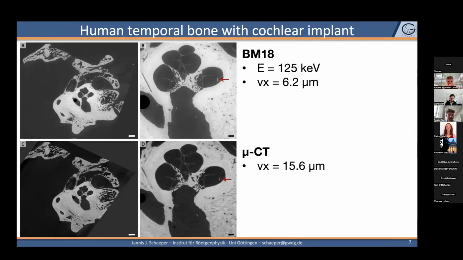So for the temporal bone with the implant, we did not zoom in, so it's just the overview scan, but we scanned that afterwards with the micro-CT in the lab. And as you see, with the high energies, we have little problems with beam hardening or metal streak artifacts.